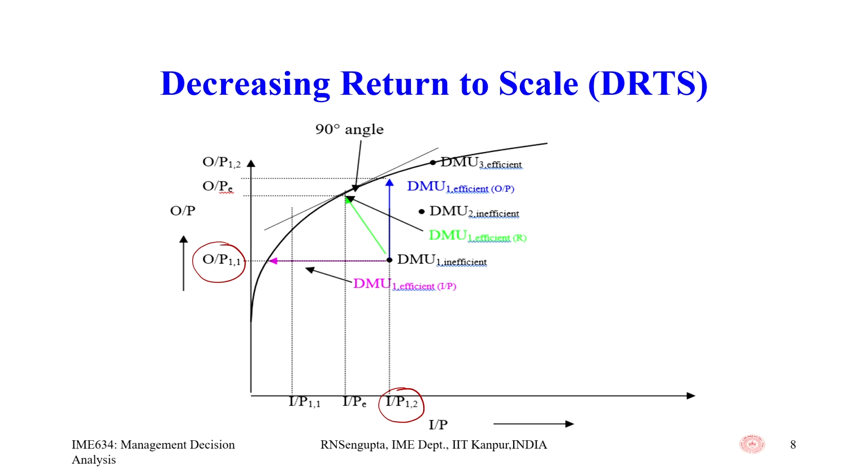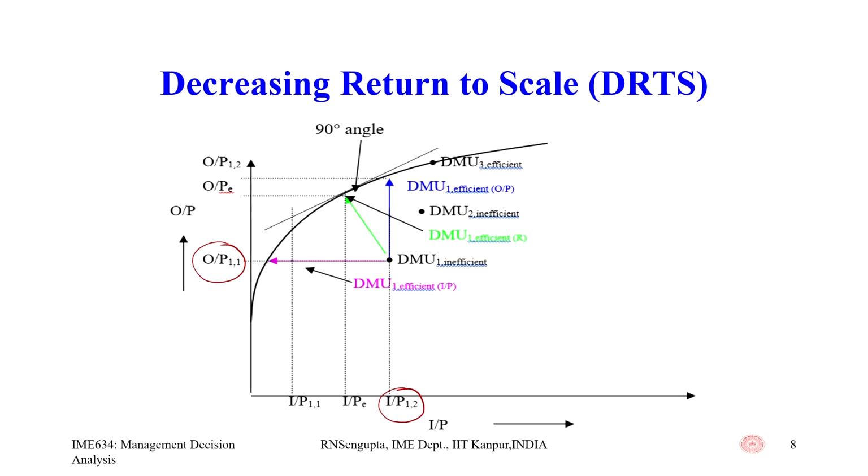Now, if you have noticed one thing in the graph, the blue one is marked as DMU 1 efficient, and in the bracket in the suffix I have written OP, which is output oriented, because the input is not being changed and the output is being increased, since it is vertically up.